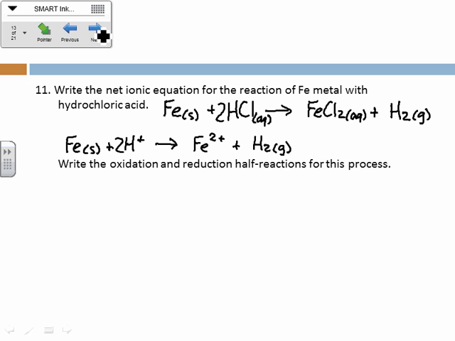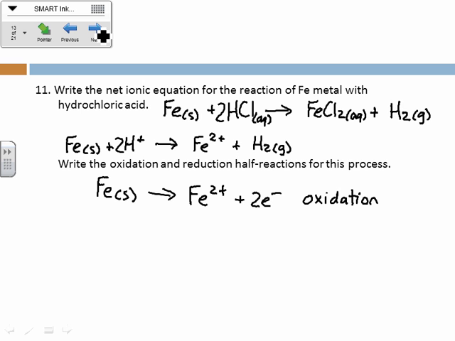The oxidation and reduction half reactions. So solid iron yields Fe2+, and we've got to write in the electrons when we're writing the half reactions to balance out the charges. That's going to be my oxidation half reaction.